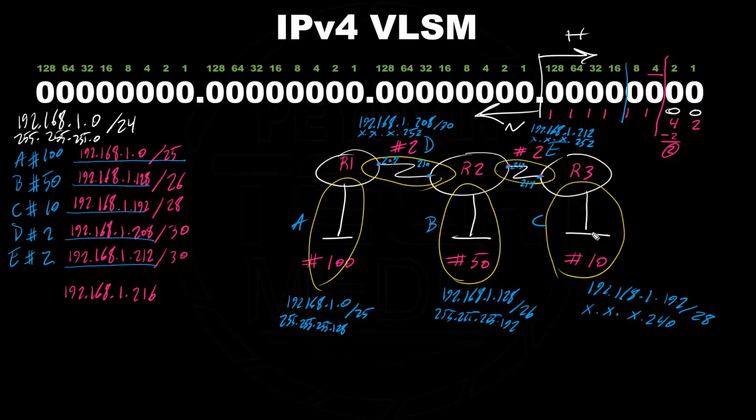It's pretty much a variable length subnet mask. We will have different subnet masks, as we can see here, per subnet. And it gives us a different number of available IP addresses per subnet. This way, we don't waste too many IP addresses, and it is more organized and manageable.